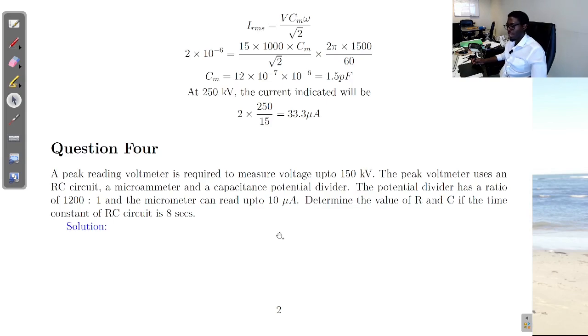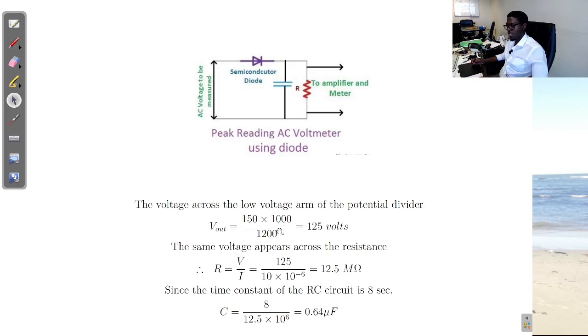The potential divider has a ratio of 1200 to 1, and the microammeter can read up to 10 microamps. You have to determine the value of the resistance R and capacitance C, if the time constant of the RC circuit is 8 seconds. Okay, so this is the question, and the solution is on the next page.